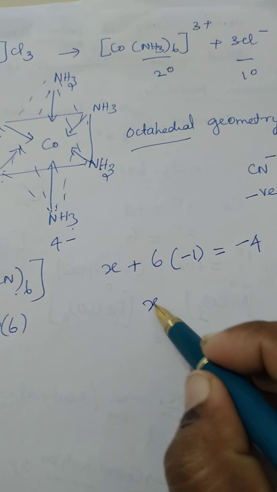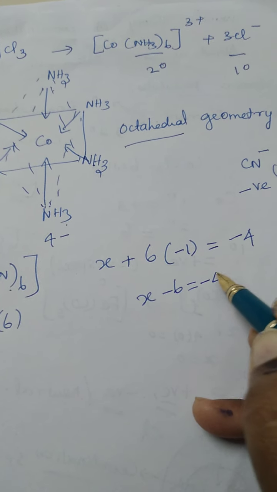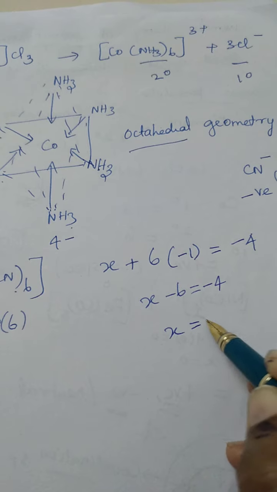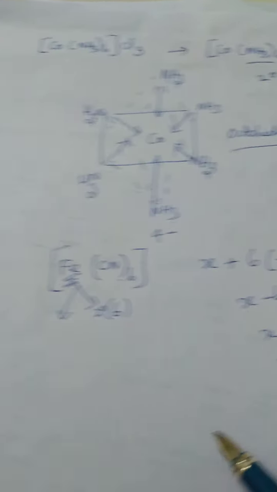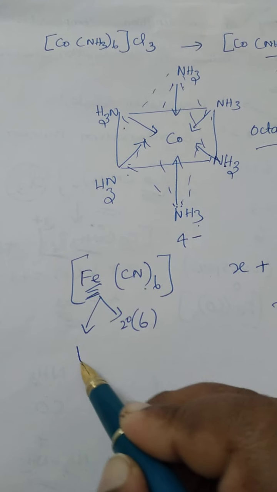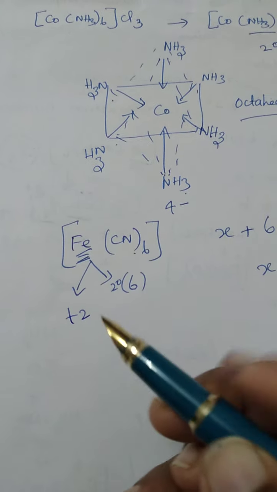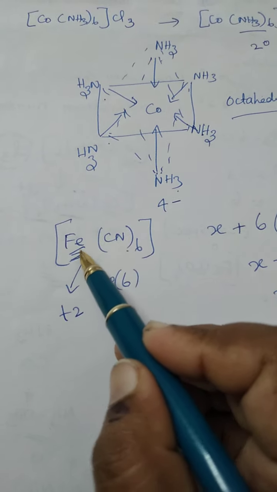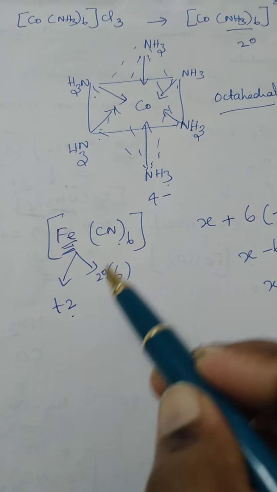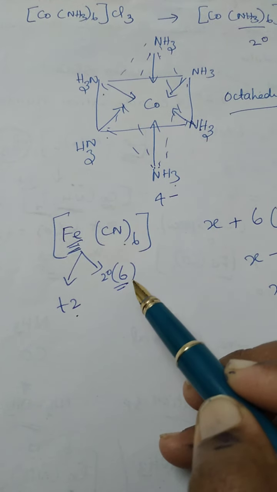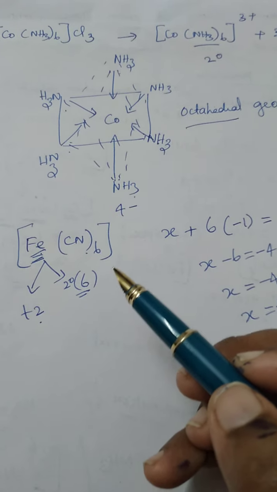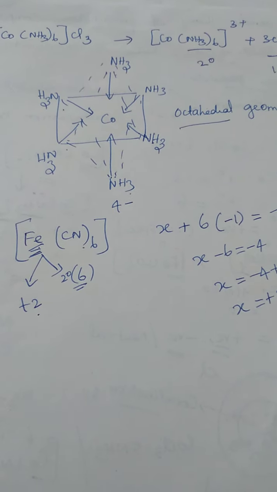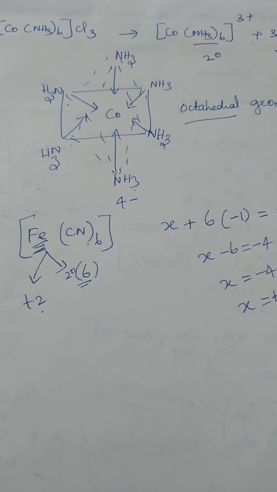So I can write X minus 6 equal to minus 4. So X is equal to minus 4 plus 6. So the primary valency is plus 2. So for iron, the primary valency is plus 2. Always the primary valency will be satisfied by the negative ion, but the secondary valency could be satisfied by either a neutral molecule, positive ion, or the negative species, or else by combining those things. So this is about the postulates of Werner theory.